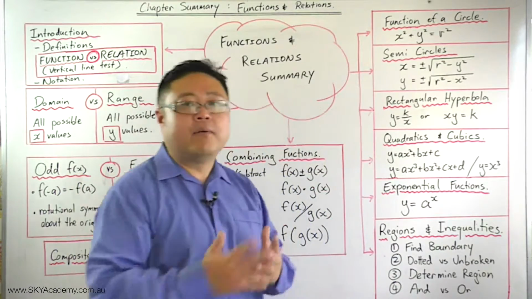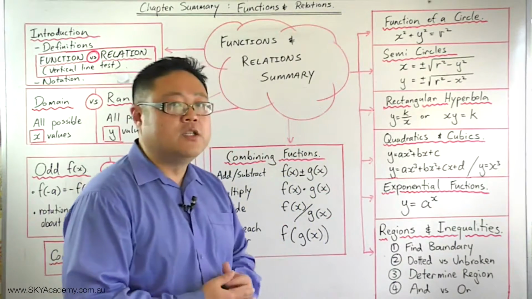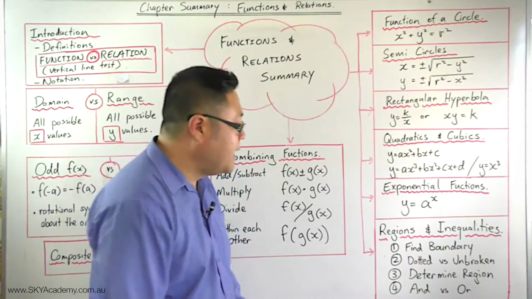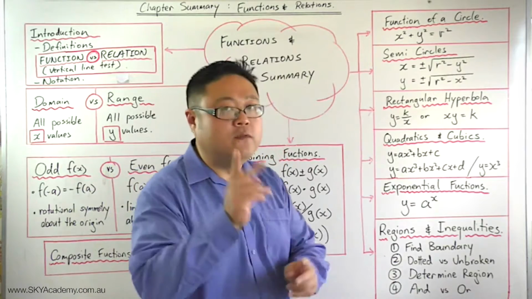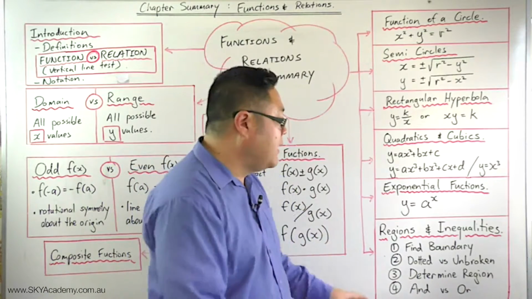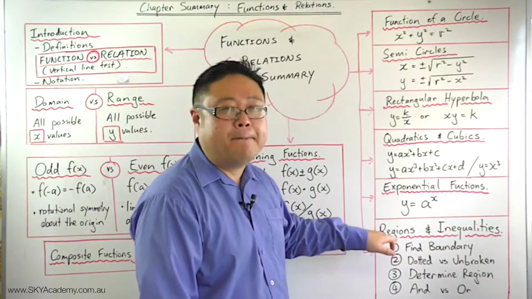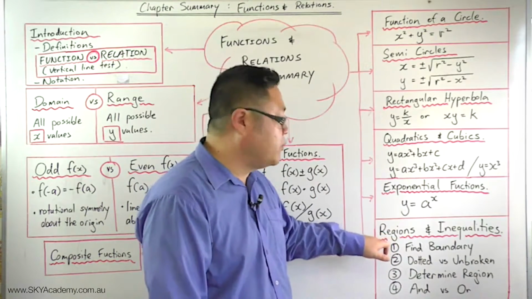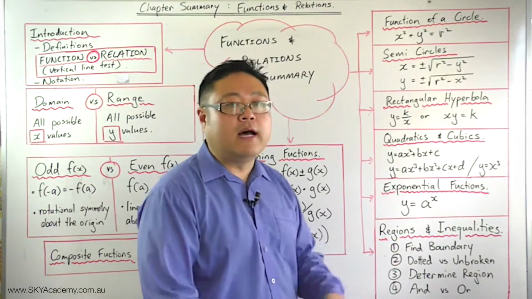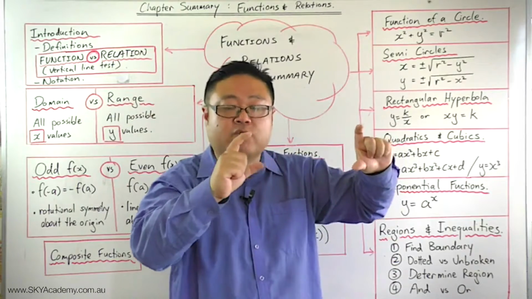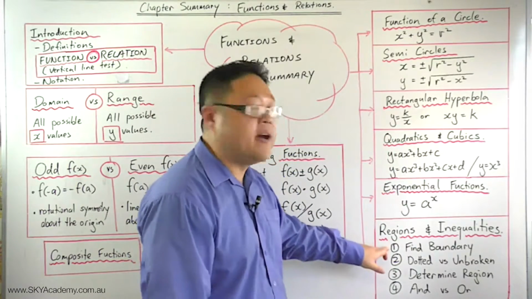There were a number of rules to work out how to graph an inequality. When you've got two variables, an x and a y variable, in an inequality, you've got to work out the boundary first. The boundary will be the equation with an equal sign, as an equation rather than as an inequality.